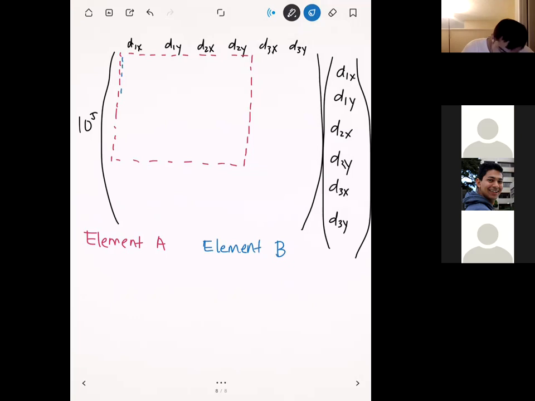First, we have the 1, 1 block. And so we have our 2x2 system up here. Then we have the 1, 3 block. Then we have the other 1, 3 block, which is its reflection.